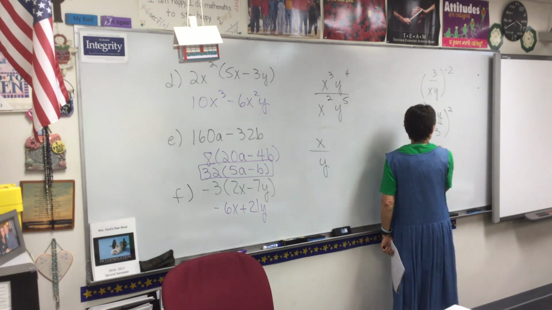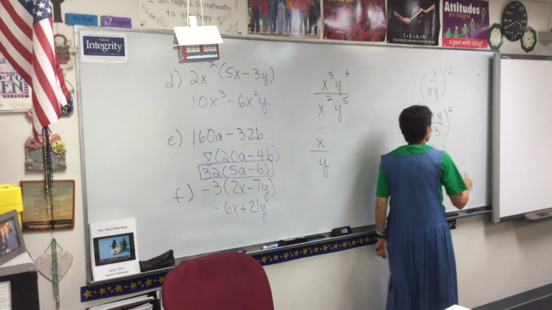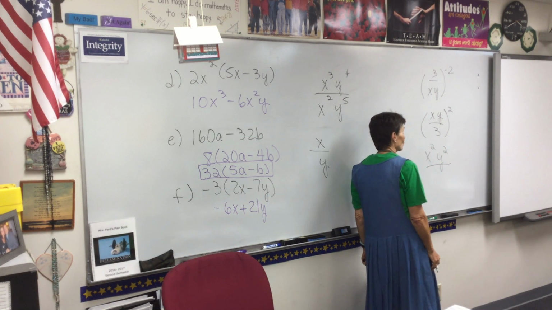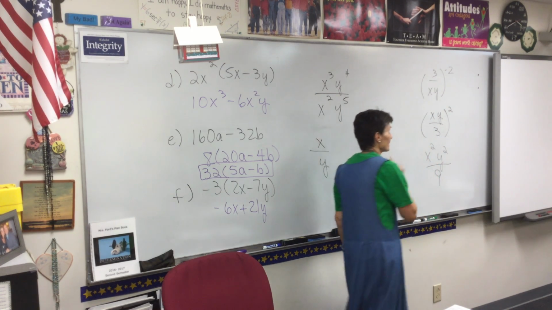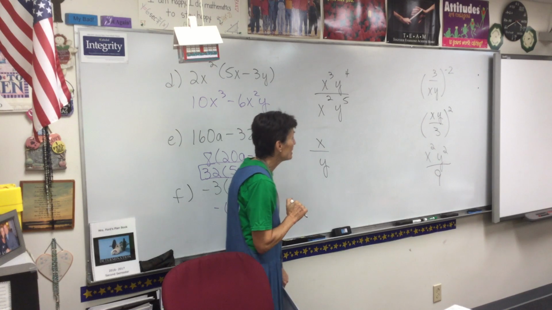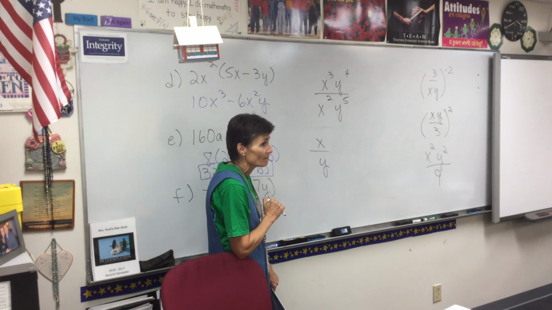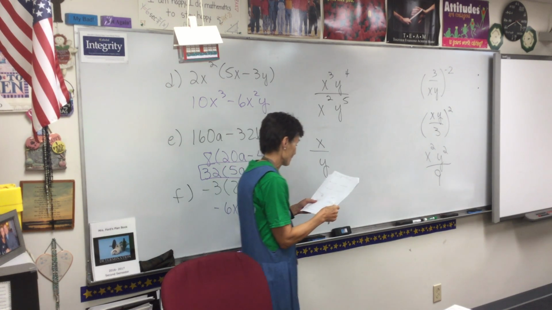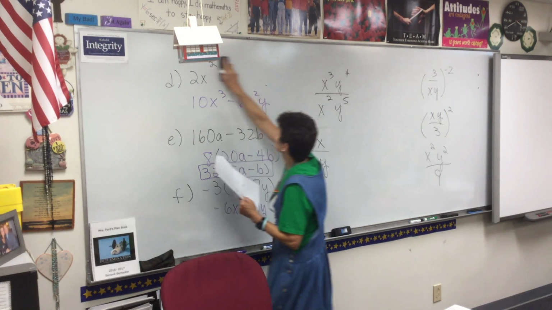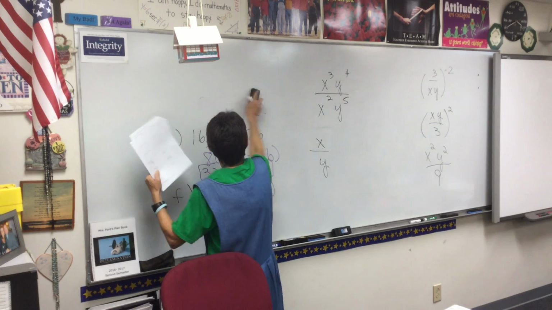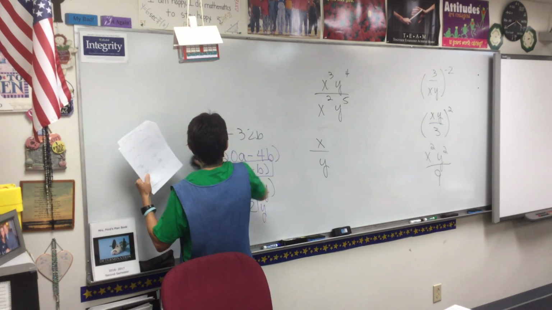So it's x squared, y squared, and then please don't forget what goes on the bottom. 9. Everything goes to the second power, including the 3. Oh my. C looks like a real mess.